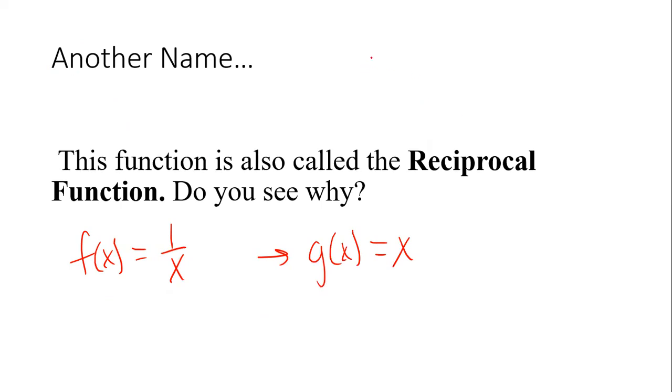So like if I look for the reciprocal of 3 over 4, what would that be? 4/3, right? So that's why this is also called the reciprocal function, because the rational is the reciprocal of the linear. Okay, so depending on some of your textbooks or your instructors, they may say reciprocal function, and it's just another way of saying rational function. Okay.